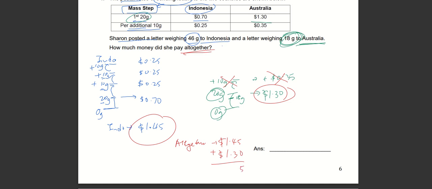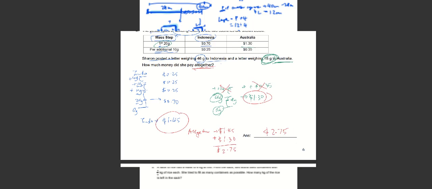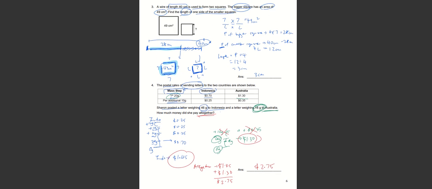That makes the postage a total of $2.75. All right, so this is the short answer questions on this page of the PSLE practice booklet 2.